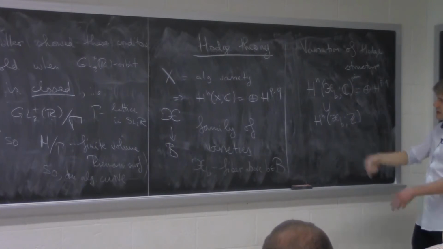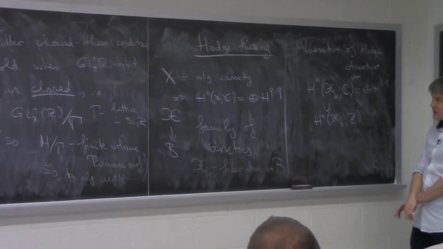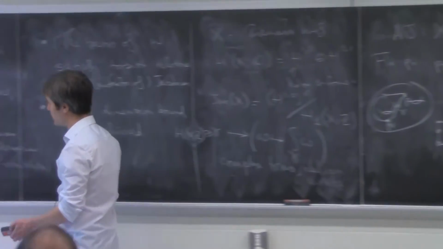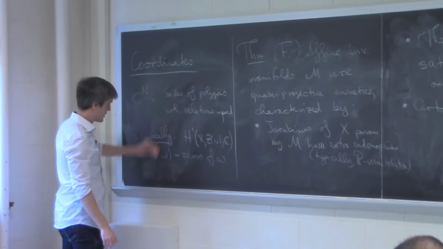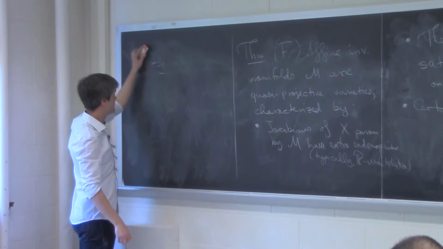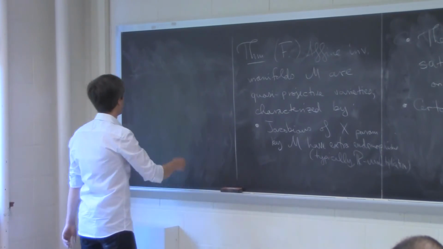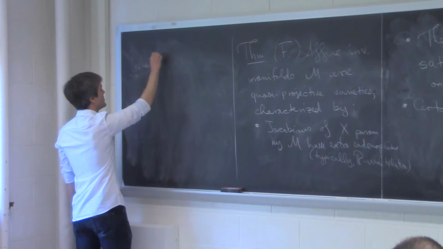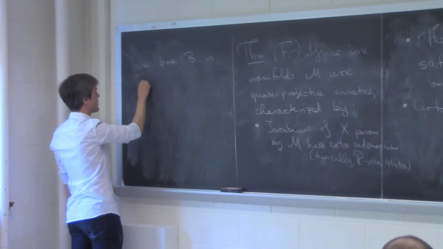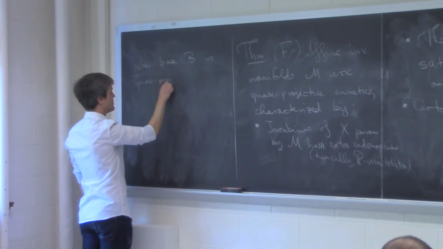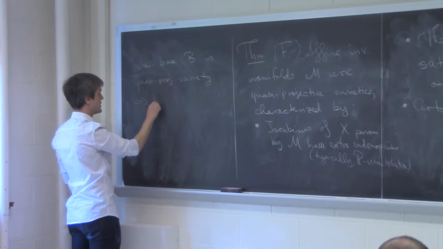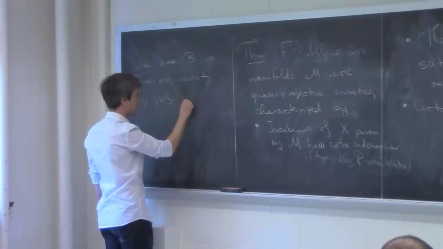This data plus the properties that it satisfies is called the variation of Hodge structures, and it has a lot of very pleasant properties. When the base B is itself a quasi-projective variety, then the variations of Hodge structures have lots of nice properties.